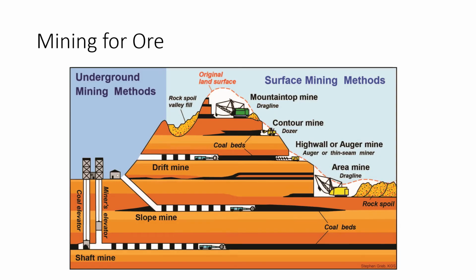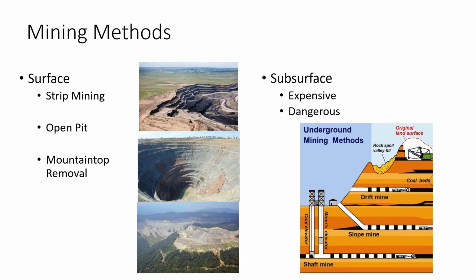And so here's another infographic on how we can mine ore. So there's surface mining and subsurface mining. And so surface mining includes strip mining, open pit mining and mountaintop removal. They're basically what they sound like, and you can see the pictures do a better job than I would explaining what they are.